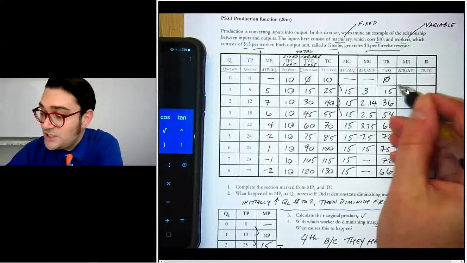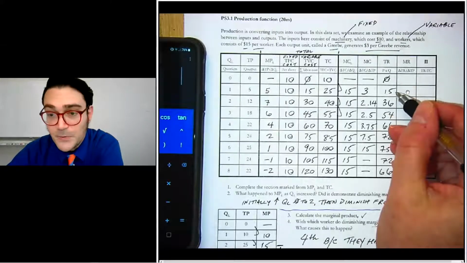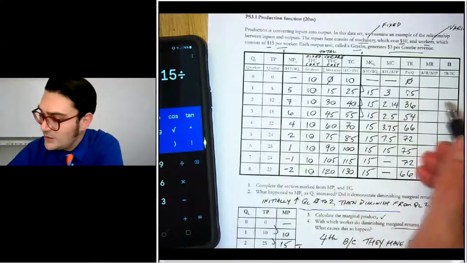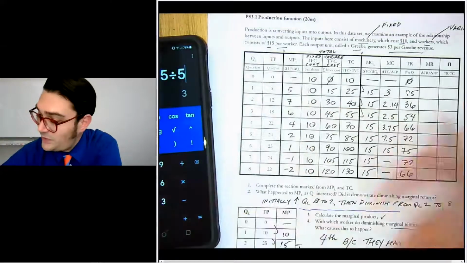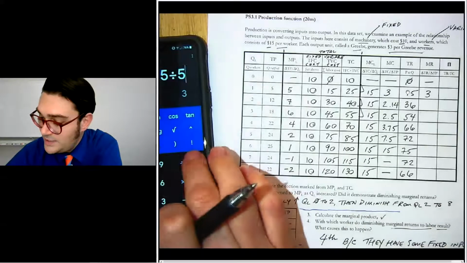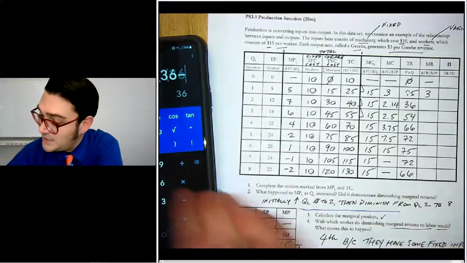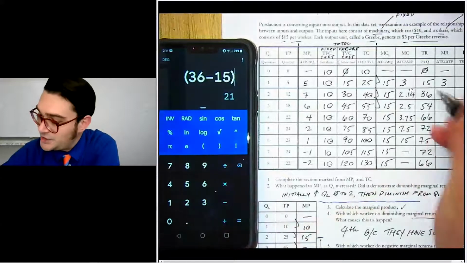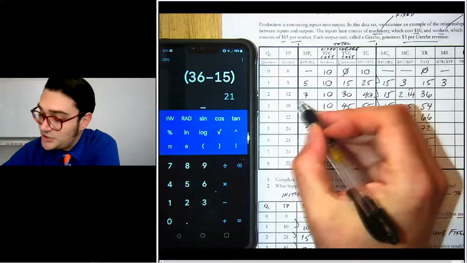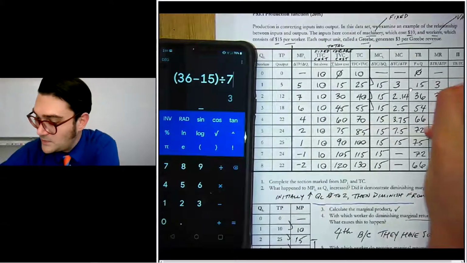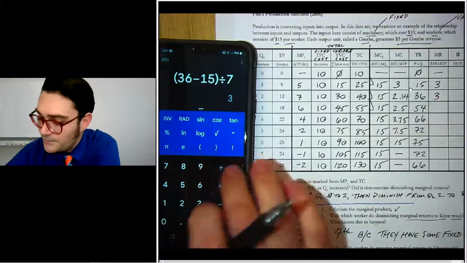Change in total revenue. The change from here to here is 15, going from 0 to 15. So 15 divided by 5 is 3. Now that one has no unit there. Now we've got 36 minus 15, because it's the change in total revenue, divided by the change in total product, which is over here, 7. That's 3. Weird.